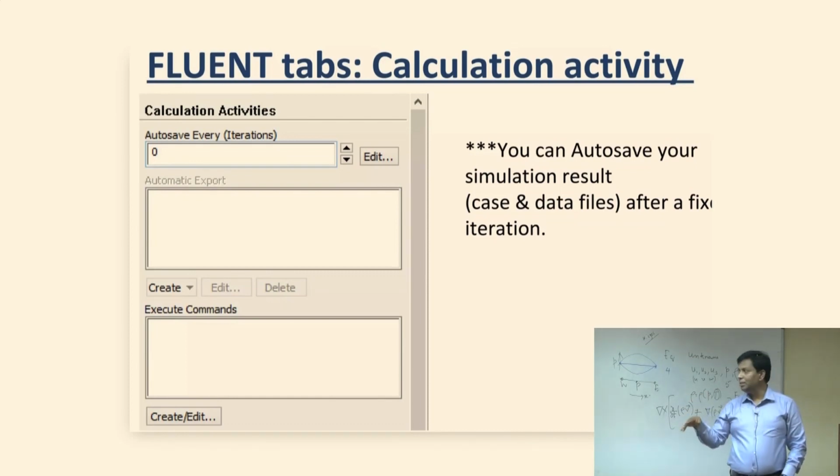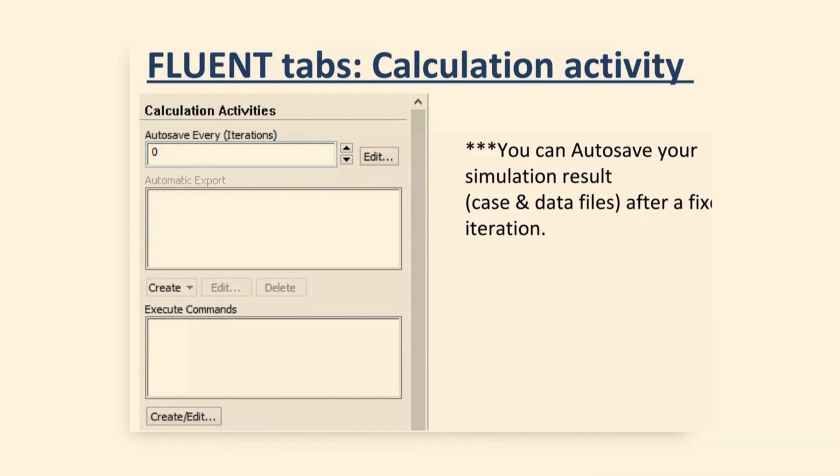You cannot save the data for every time step if your time steps number in the thousands or hundreds of thousands, because it will take a lot of space. So you just find some reasonable number.